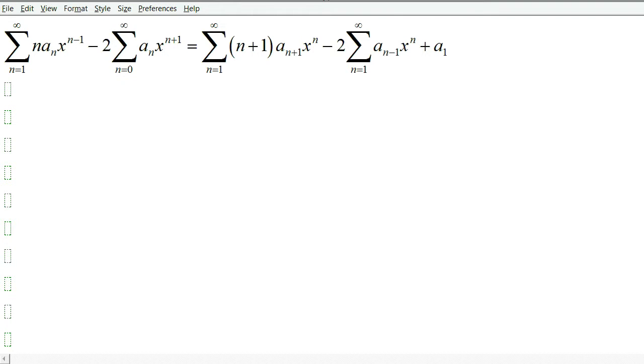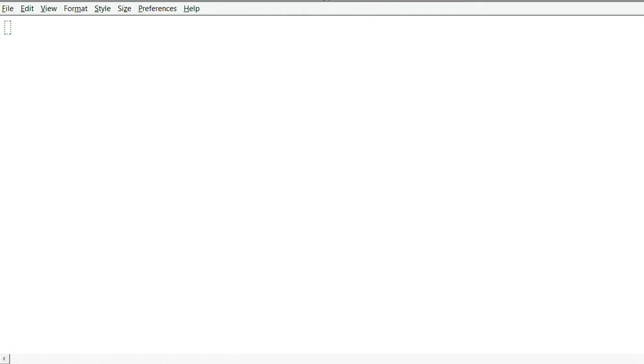To better show you how to do this using this approach, I'm going to start with a more complicated example. Let's assume that we've already done all the steps to substitute these infinite power series for the unknown function and its derivatives into a linear ordinary differential equation, and we get these summations, which we want to combine as 1.